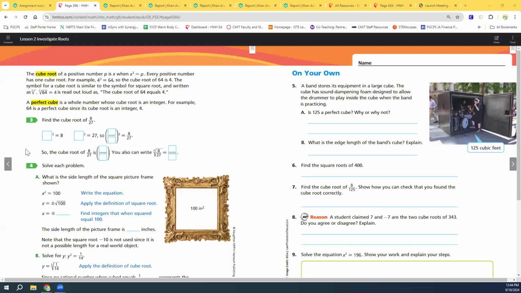You don't have to write down everything, but I'm going to write down what I would like to write down. So it says find the cube root of 8 over 27. And before we do that, we'll find the cube root of 64. So we're going to find 2 cube roots right now. In your notes, write down this right here.